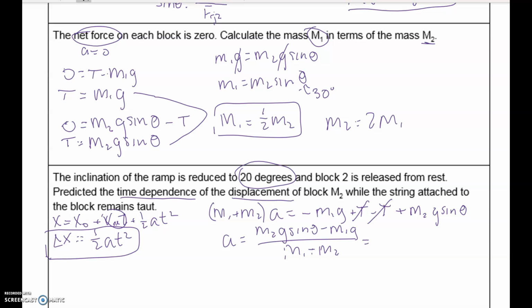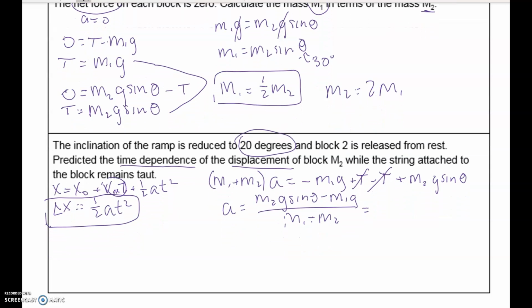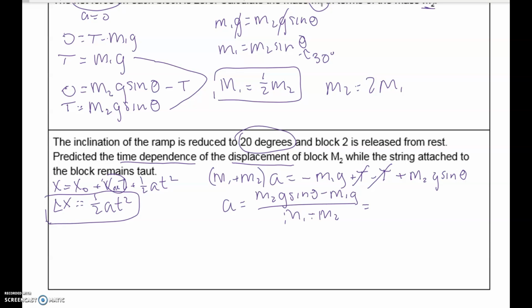All that changes now is the angle, so now we have the blocks accelerating, but the relative masses have not changed. So my mass 2 is going to be 2m1 times g sine theta minus m1g divided by m1 plus 2m1, which gives us 3m1 in the denominator.